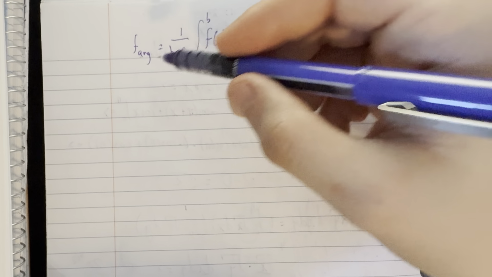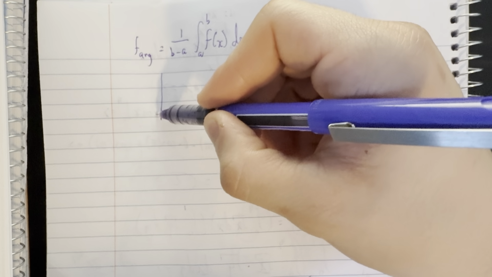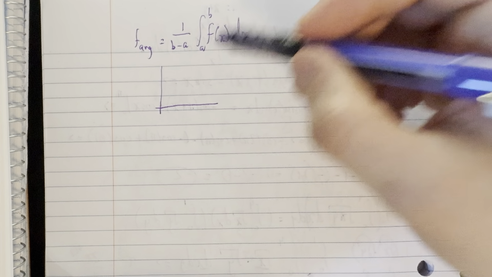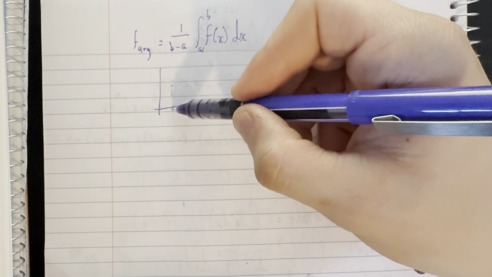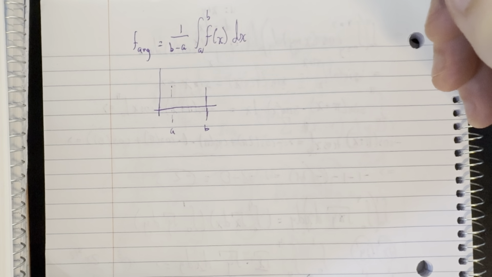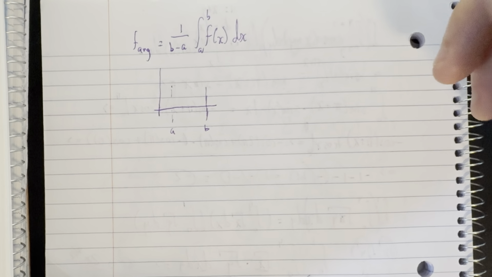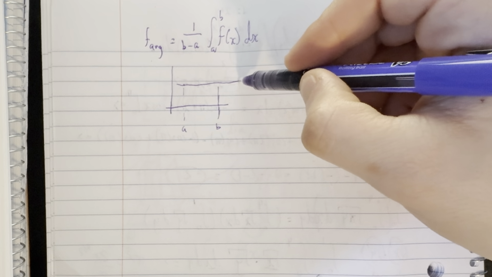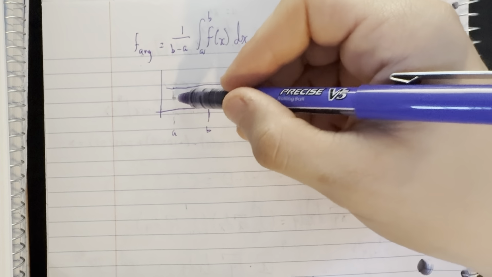And the reason is, a geometric way that I found was, if you have an interval from a to b, and then f average is a constant, right? So suppose this value right here is f average.